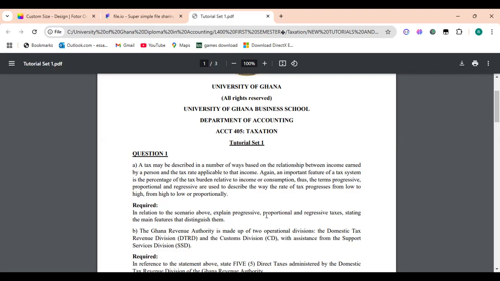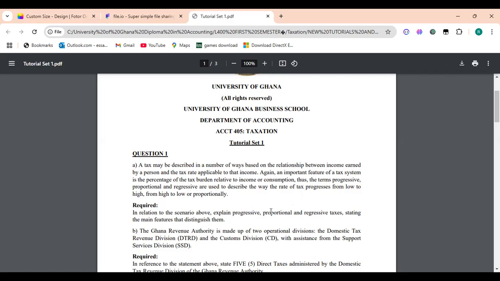An example can be corporate tax, the tax paid by companies, which is 25% irrespective of the type of company. So it's proportional to the income level of the person paying the tax.